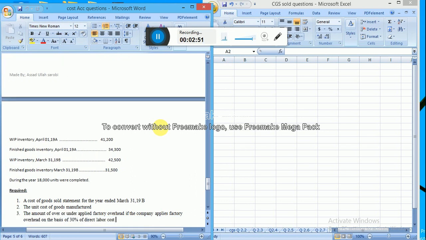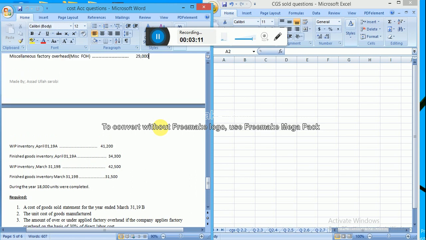The third requirement is the amount of over or under applied factory overhead, if the company applies factory overhead on the basis of 30% of direct labor cost. Okay, so simple. We will start.